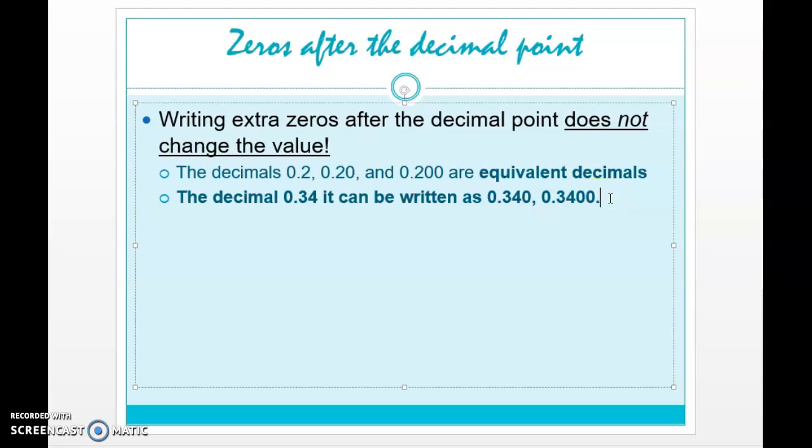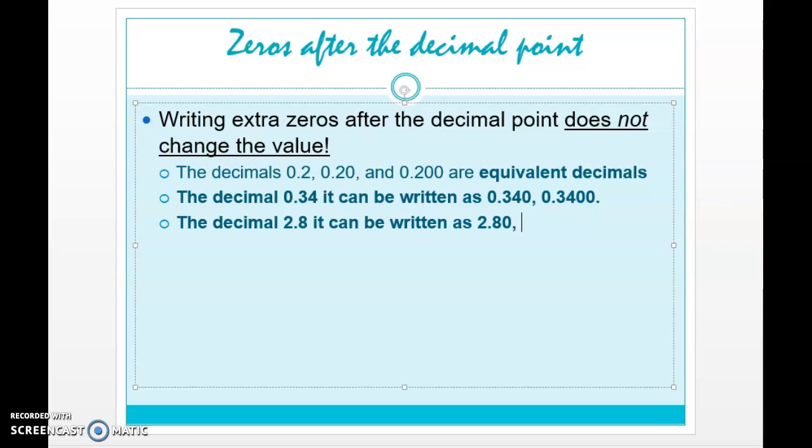Another example that we can add, the decimal 2.8 can be written as 2.80, I've added a zero.